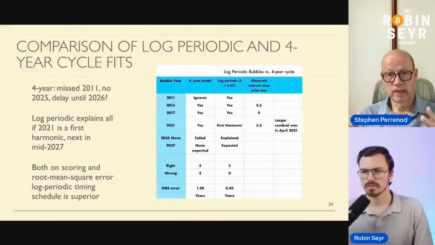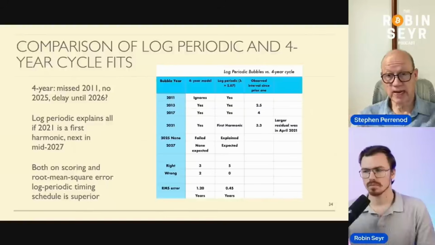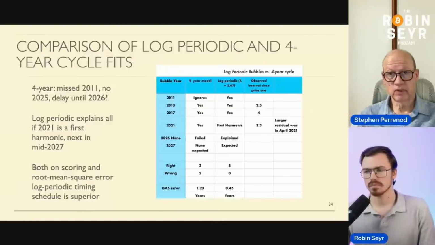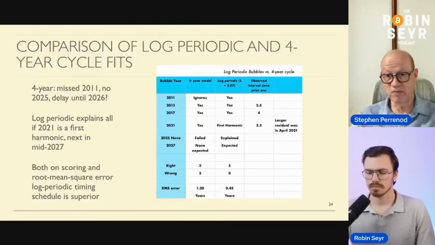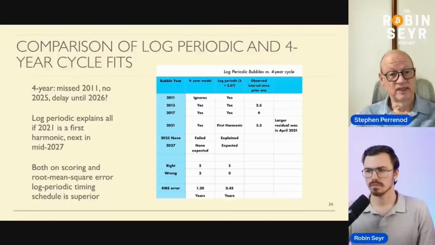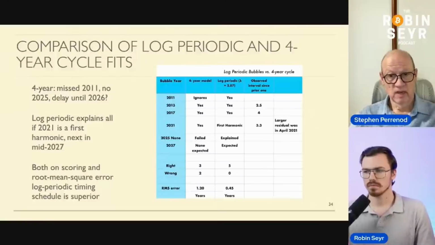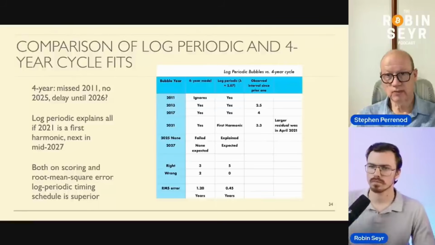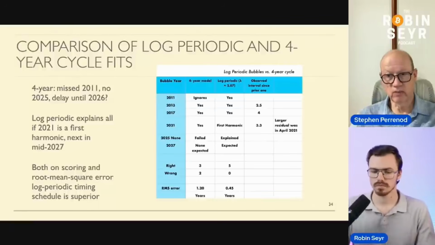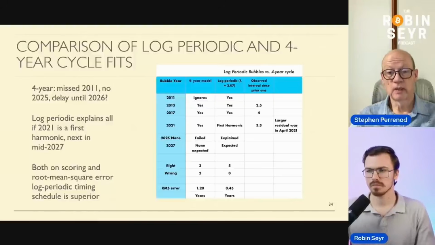And for 2027, you would not expect a bubble with the Fourier model, but we do expect one with the log periodic model. So we'll find out if I'm right in 2027. But the Fourier model is right 3 times, wrong 2 times, and we've been right 5 times and wrong 0 times so far.